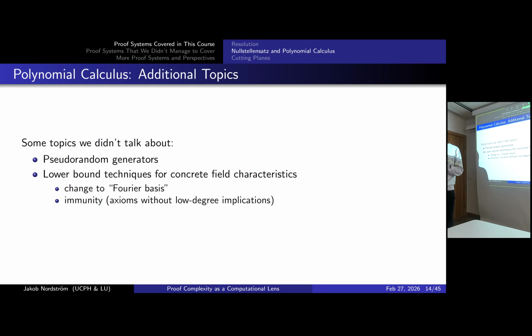So for instance, our techniques just said, oh, Tseitin looks easy, which was just playing it safe, because we know that in any field other than fields of characteristic 2, Tseitin is in fact hard, but we were not able to prove this. So we did not look at such techniques, which if you really want to claim that you know polynomial calculus, then arguably you should know this also.